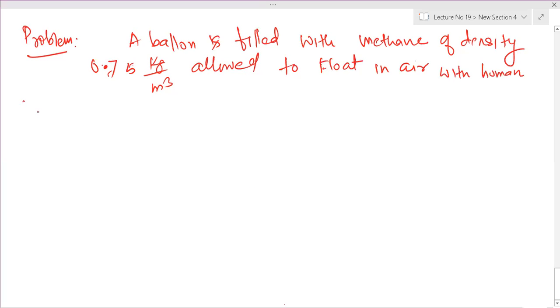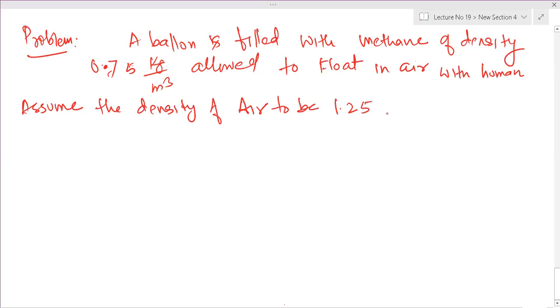Assume the density of air to be 1.25. This density is at NTP, right?